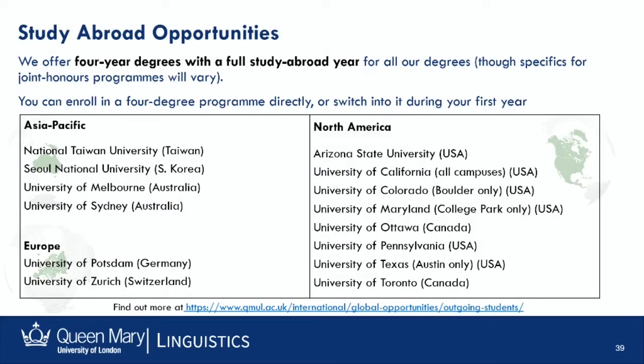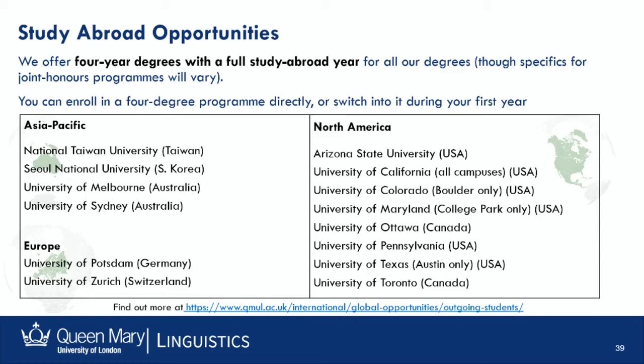Currently, most of our destination partners are in the Asia Pacific region. Seoul National has been, interestingly, really popular amongst many of our students, as well as in Europe, so Potsdam and Zurich, as well as in North America. So the University of California, which is where I did my PhD, is on the list, and it's very popular amongst many of our students as well.